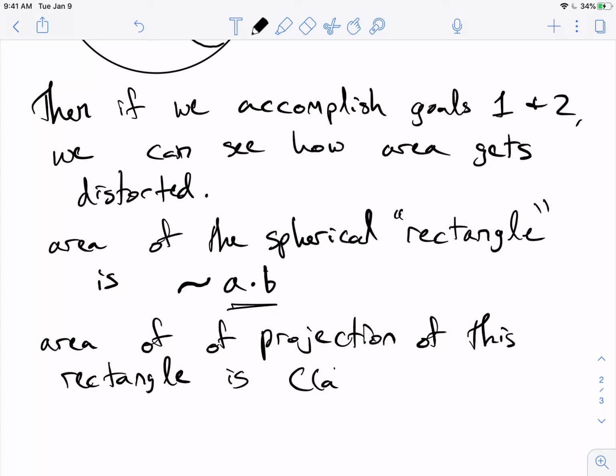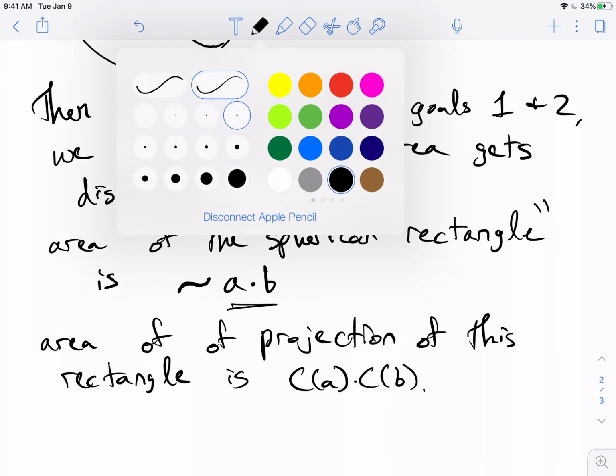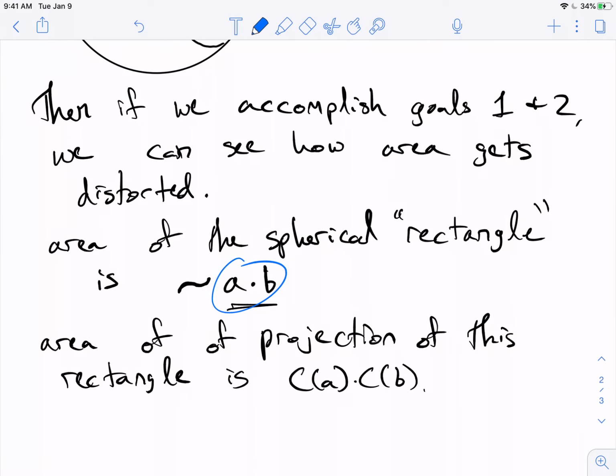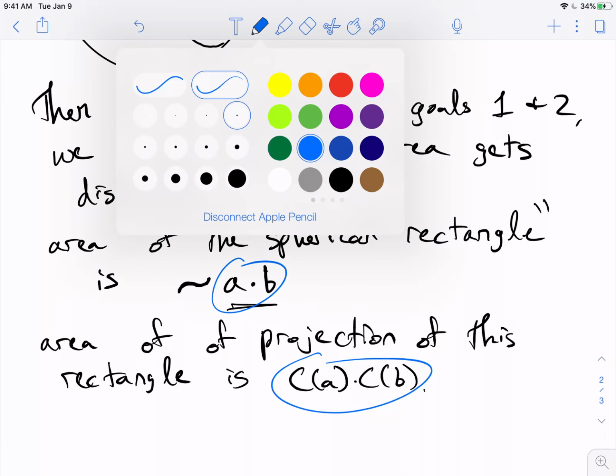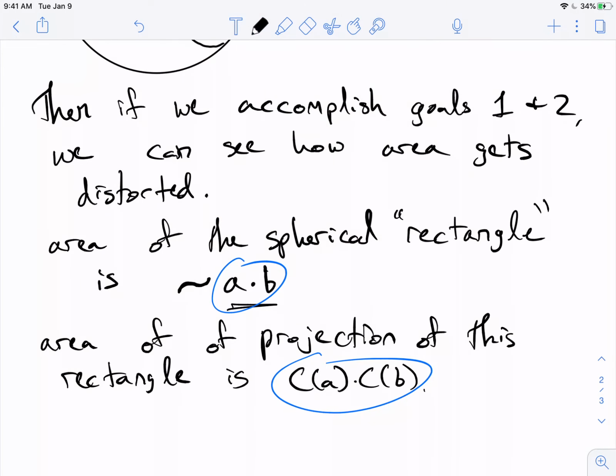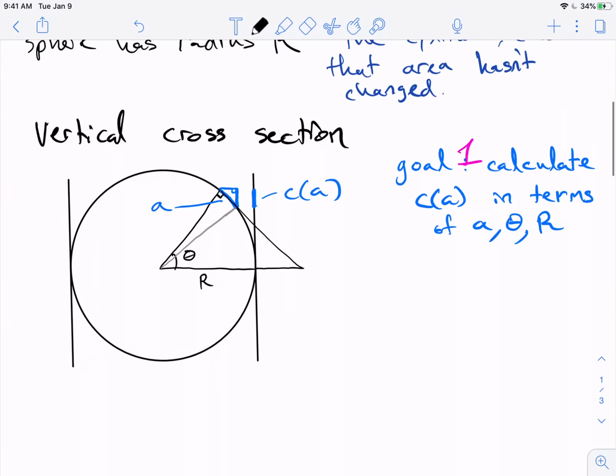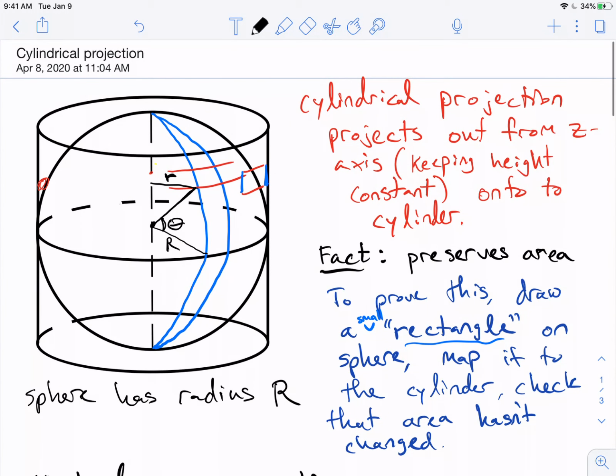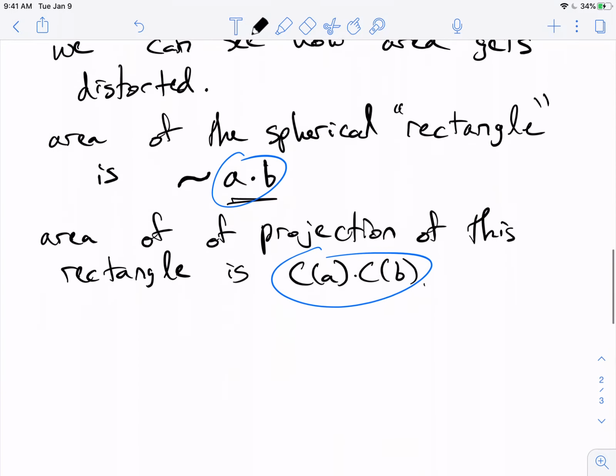Well, that's actually exactly, not an approximation, it's exactly equal to C of A times C of B. Okay, and so your job is going to be to compare these two numbers, and if you believe my fact here, that this map preserves area, they should be the same.